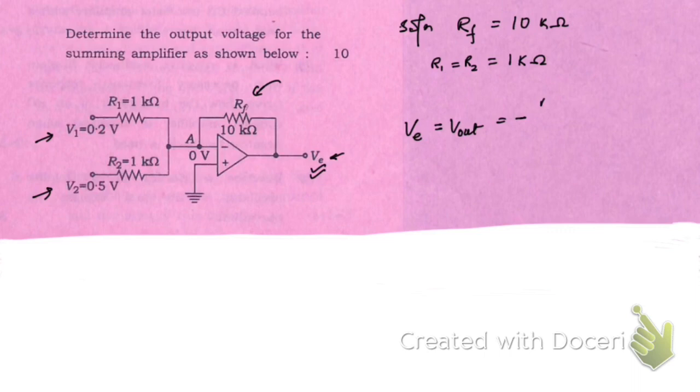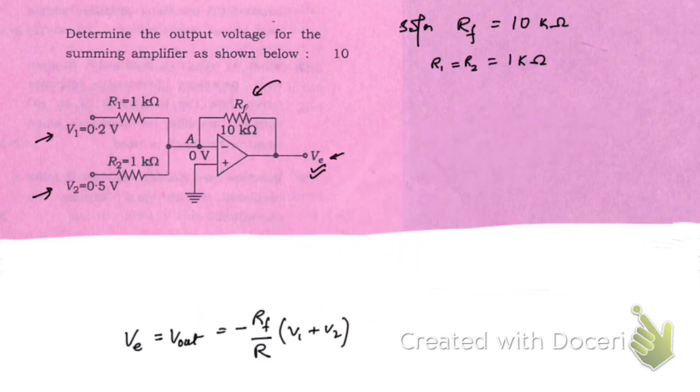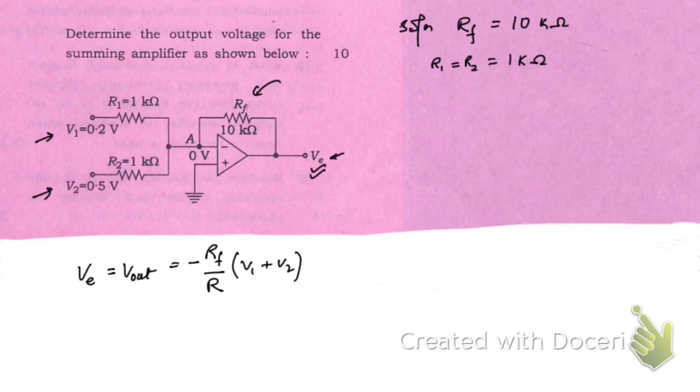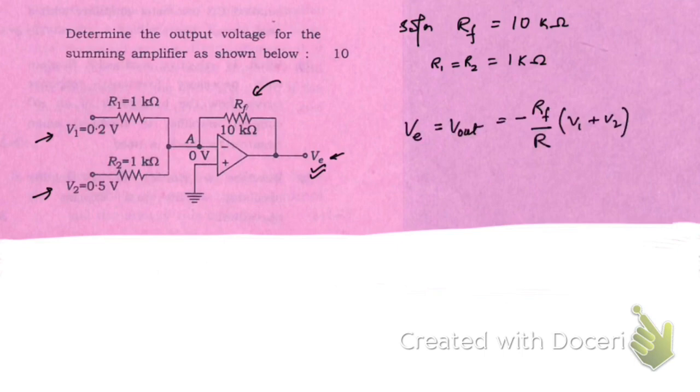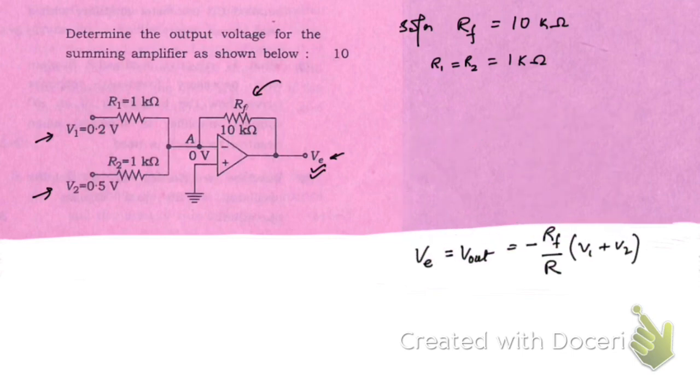So V out equals minus RF divided by R, times V1 plus V2. This is the formula that we're going to use. But before we use this one, let me find R here.